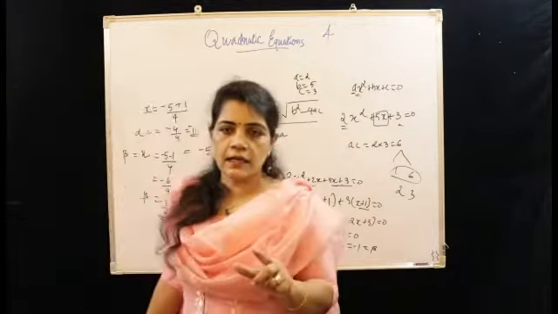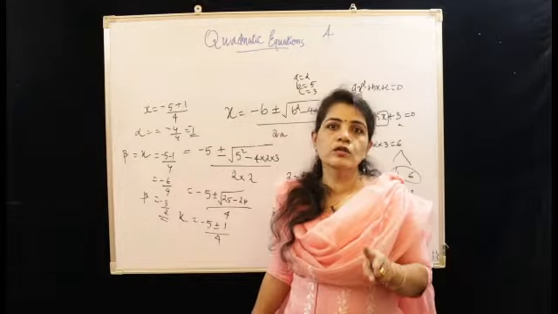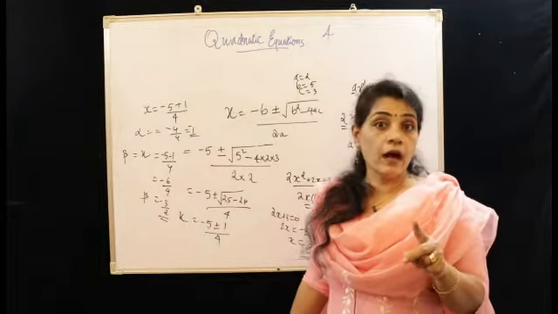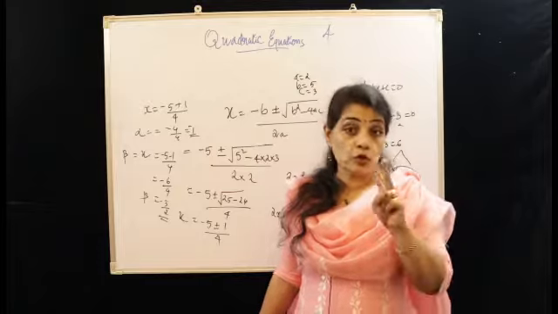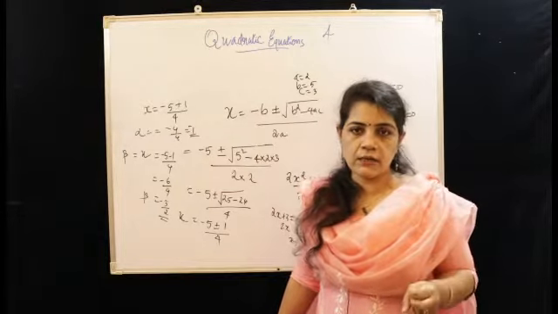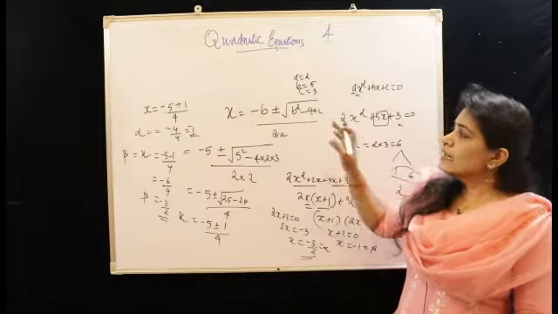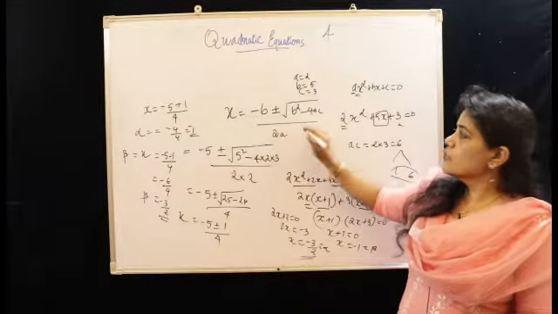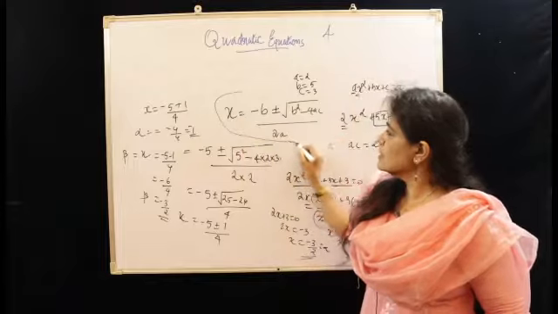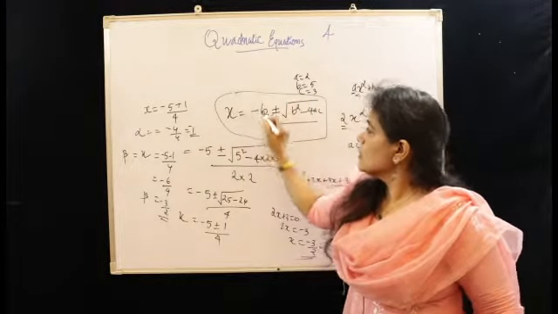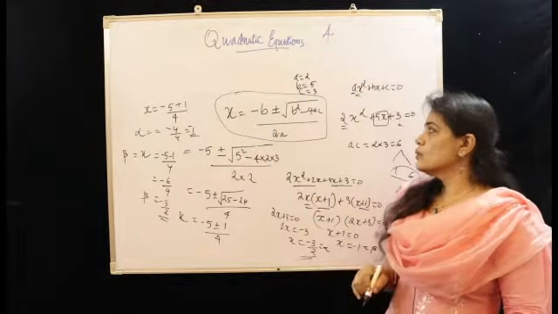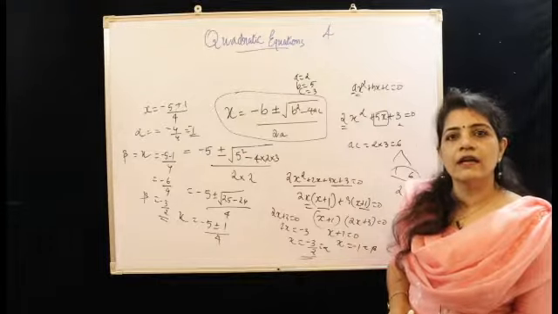Is that idea clear, children? That means to find the solution of a quadratic equation, we have two methods. One is the factorization method, that means using splitting the middle term, and the second one is using the quadratic formula, that is x is equal to minus b plus or minus the square root of b square minus 4ac, divided by 2a.